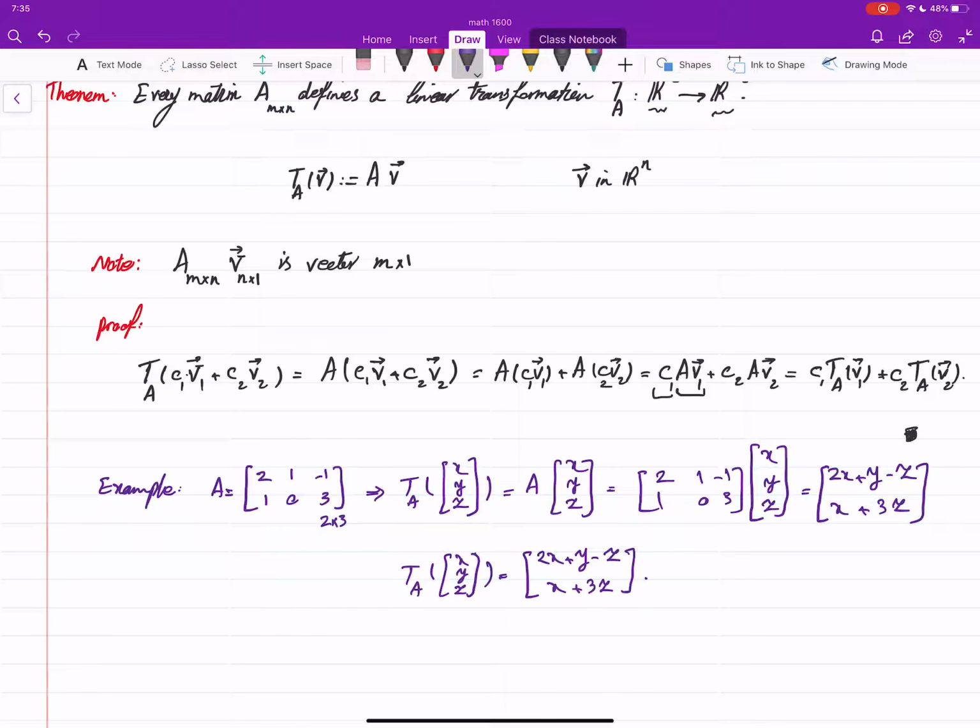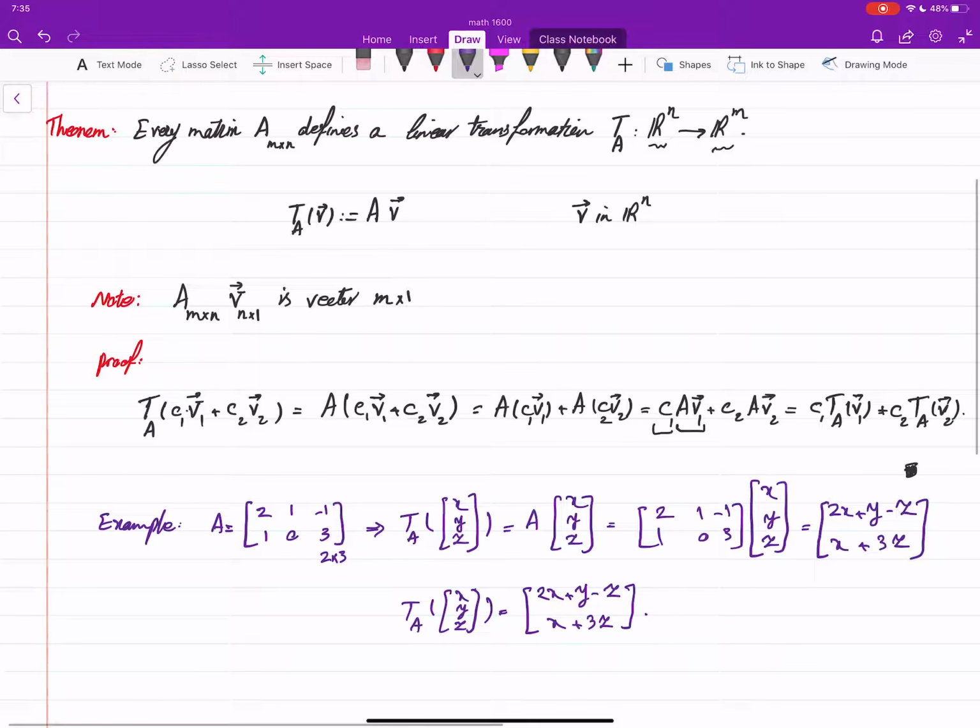Well, this is nice. We have tons of examples now in hand, but what is more interesting is that every linear transformation is a linear transformation of this form.